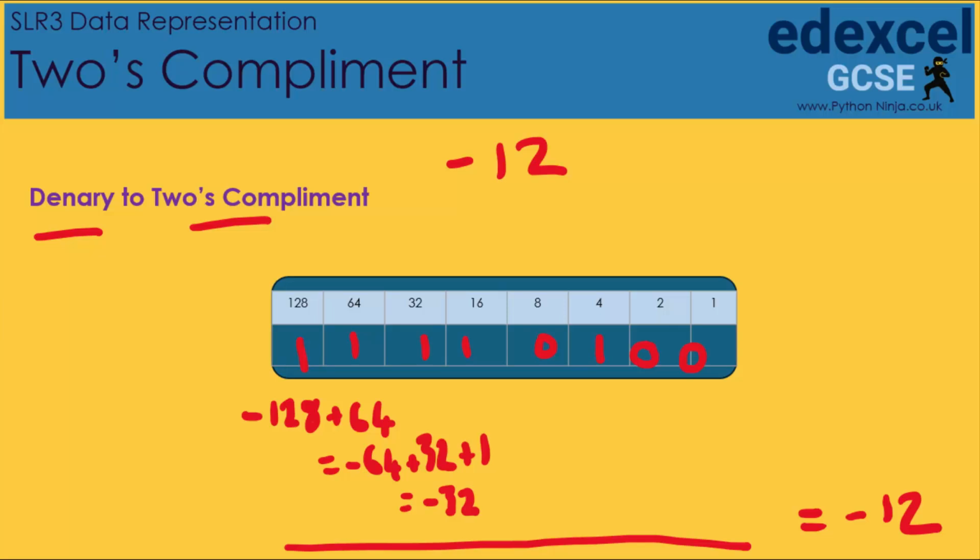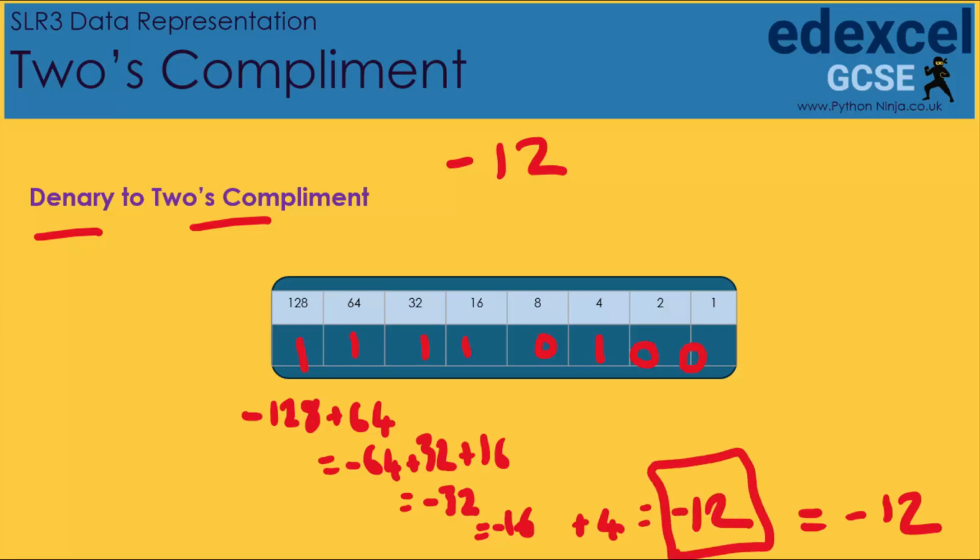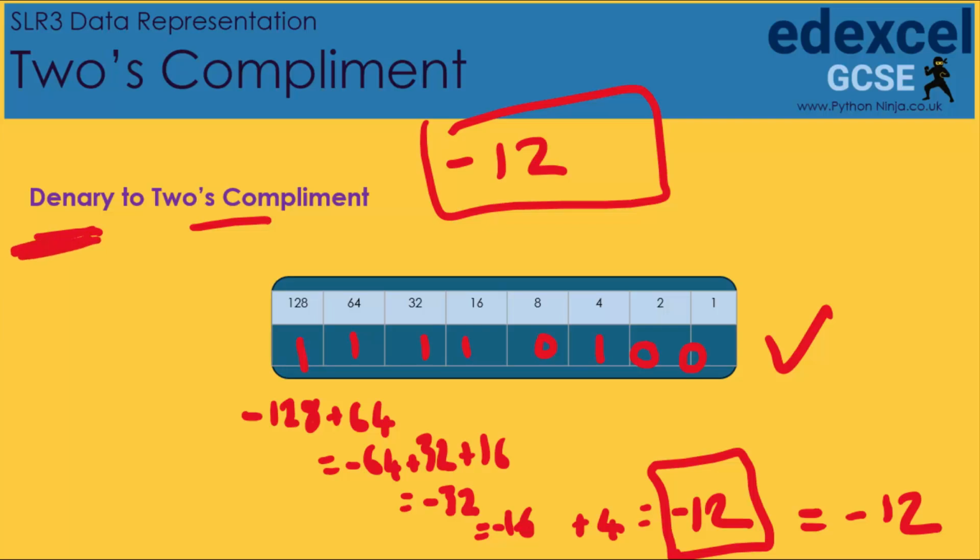Plus 16 gets us to -16. Then we've got a 0 here, so we don't have to worry about that, and then we have another 1, so it's now plus 4. So -16 plus 4 is -12. That proves to us that this signed integer is indeed -12, and that we've converted from denary to binary using 2's complement.